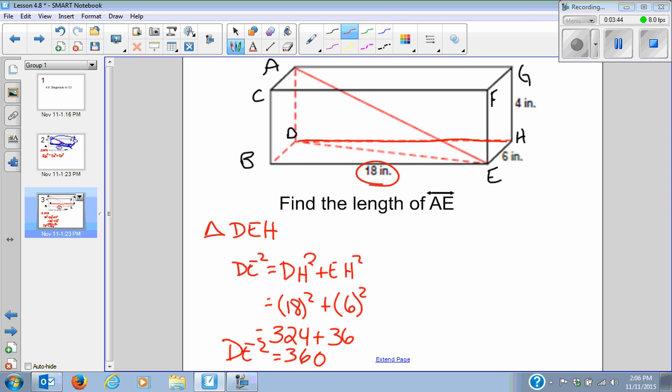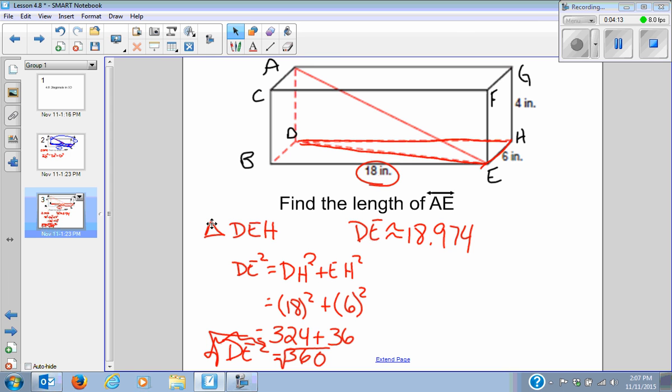Well, I don't want DE squared, so I square root this side, and that cancels out. I have to square root this side, and then I figure out that DE is approximately 18.974. That gives me that length. Alright, so I use this bottom triangle to figure out the length of DE.